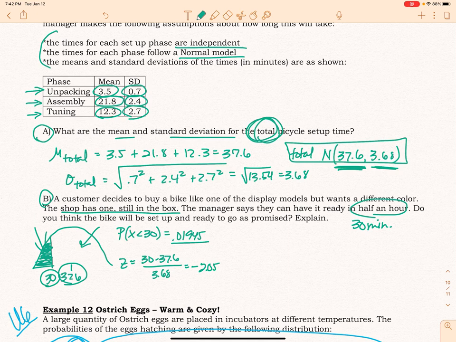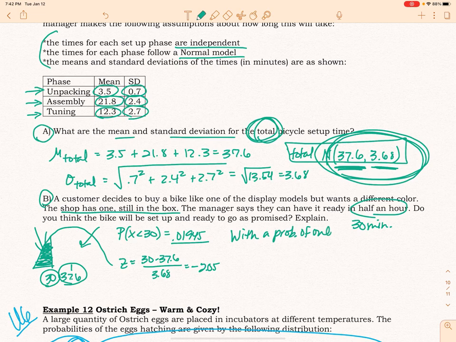When you're answering this question, like I said, you can take several approaches. You can talk about the fact that this indicates it could be as little as 33.9 minutes or as big as 41.3 minutes. So you could use that approach, just what you know in general about standard deviation. You could take the approach of, with a probability of only 1.9%, it doesn't seem likely.